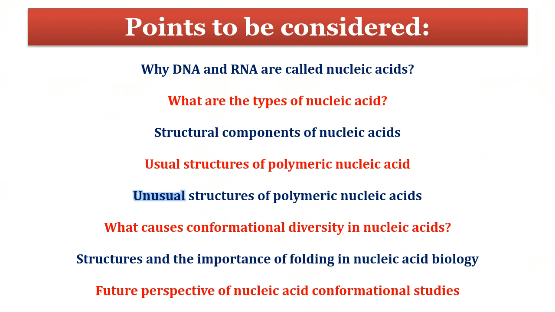What causes conformational diversity in nucleic acid? Structure and the importance of folding in nucleic acid biology. Future perspective of nucleic acid conformational studies. Among all these points, you must be having some idea about a few points mentioned in the given list, but we will discuss all of them to understand the basics of nucleic acid conformation.